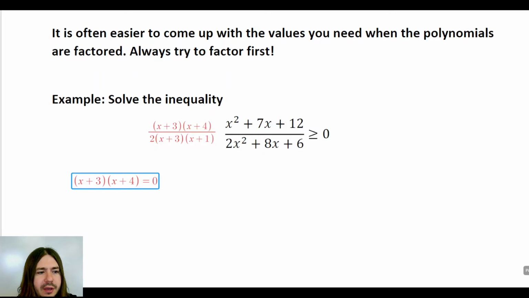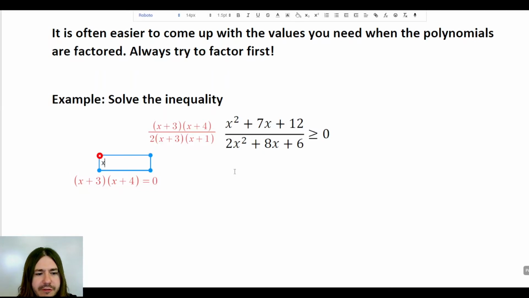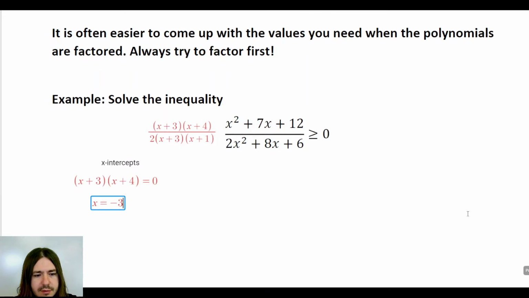These are going to be the x values that give us the x-intercepts when you set the numerator equal to 0. So I'll end up with x equals -3 and x equals -4. Again, we'll come back to this, but this -3 is actually going to be an extraneous solution here because of what happens with the denominator.